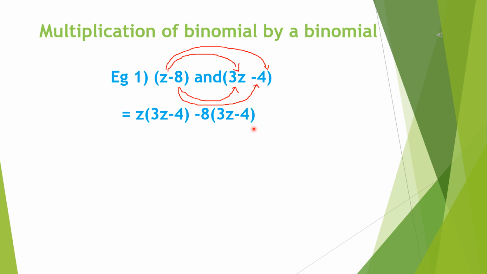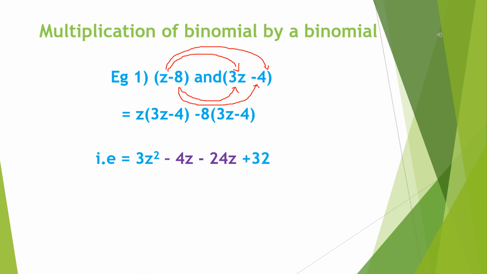z into 3z is 3z square. z into minus 4 is minus 4z. Here minus 8 into 3z is minus 24z. And here minus 8 into minus 4 becomes plus 32. That is 3z square minus 4z minus 24z plus 32.